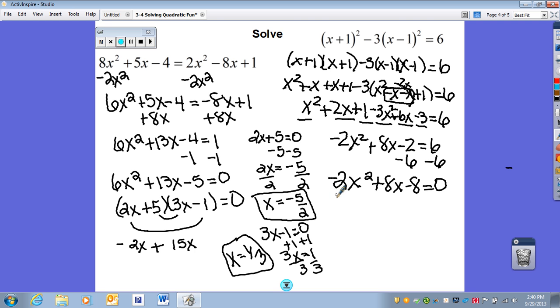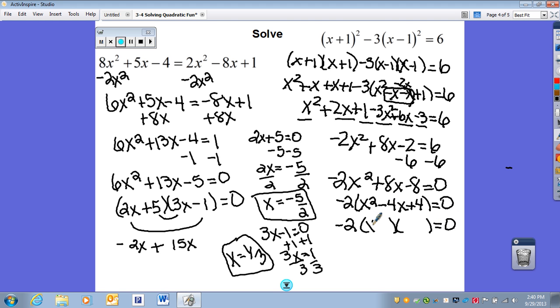When I factor, I'm going to look for the greatest monomial factor, or the common monomial factor, and that happens to be negative 2. So I'm going to divide each of my 3 terms by negative 2. And now I'm going to factor, and if I take a look at my factor, I have a leading coefficient of 1.